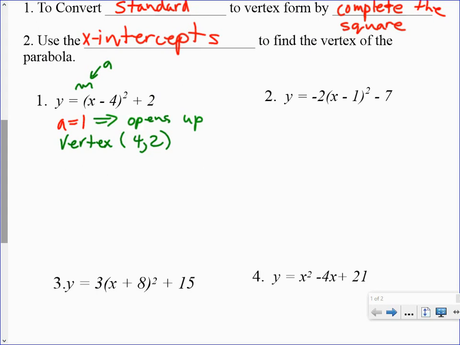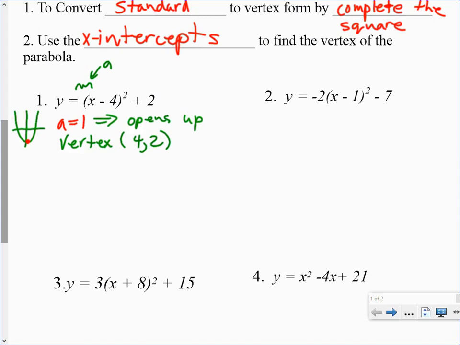Now, based on this information, you know that the parabola opens up, right? So now our vertex is actually happening right there at the bottom of the parabola. You'd have to look at that and determine whether that's a maximum or a minimum. And because it's opening up, it really means that our minimum occurs at the vertex.